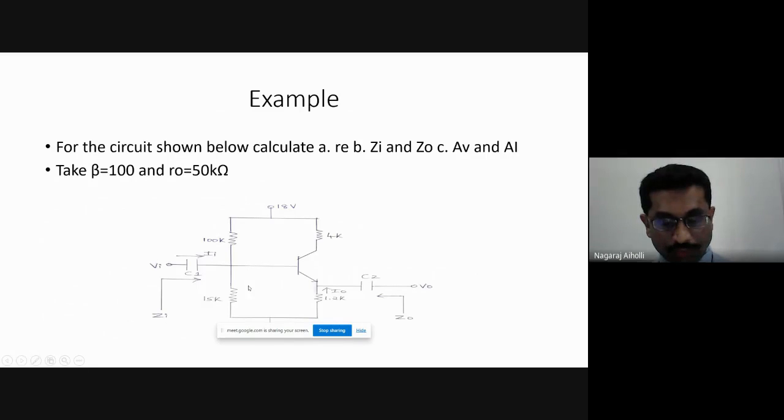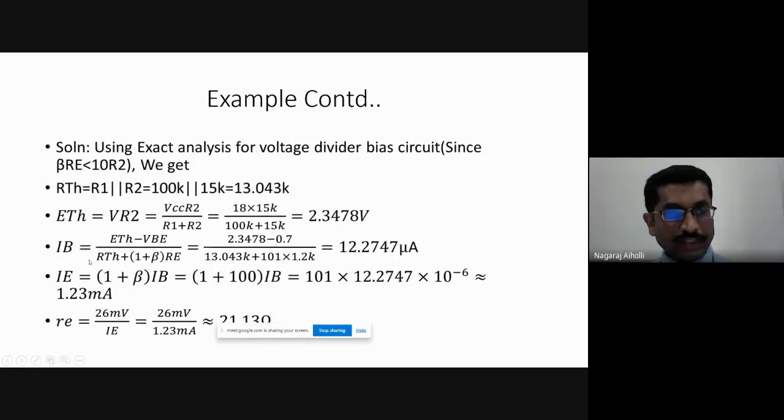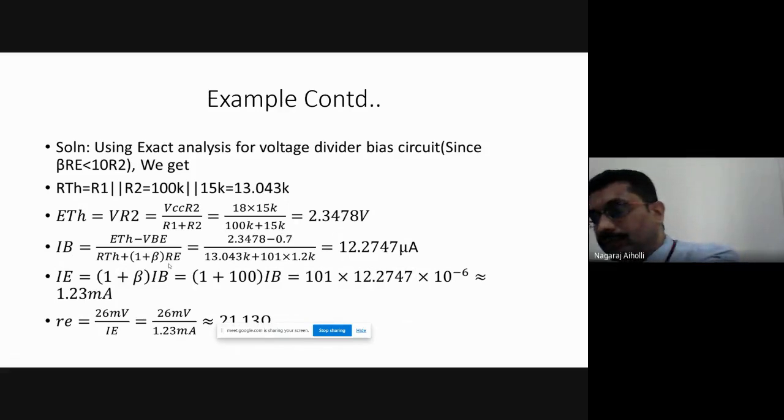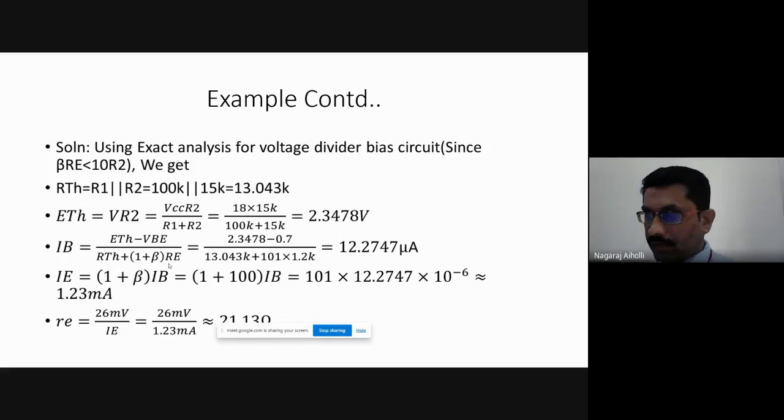The KVL equation for the input path of this emitter follower circuit is ETH minus IB into RTH, where IB is the base current multiplied by the Thevenin resistance, minus VBE minus IE RE equals 0. Simplifying, IB is equal to ETH minus VBE divided by RTH plus 1 plus beta into RE.